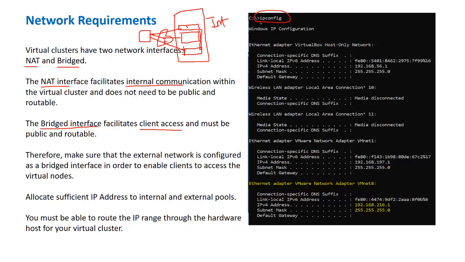You can use the ipconfig command and get the network details. For this lab, this is the network I am using, this is the virtual network card, and this is the IP network subnet we are going to use for this installation.